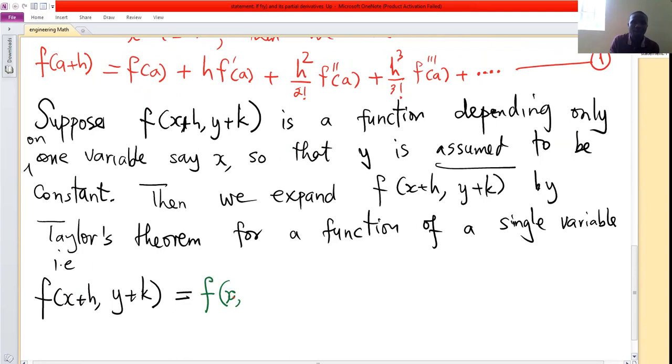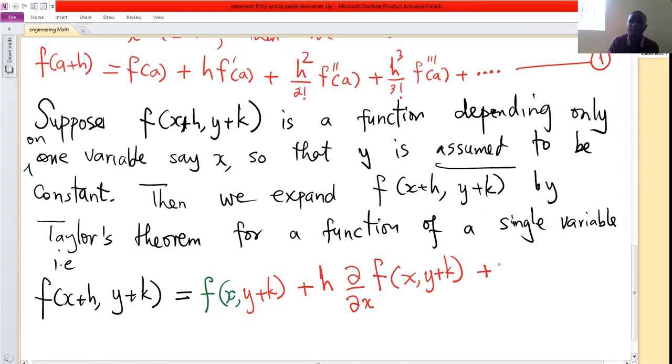So the first term will be f of x comma, and this one is not changing, so it will be y plus k, plus, next, h, and because this is the first derivative, there'll be the partial derivative of the function with respect to x, at x. This one, remember, is a constant, so that's not changing. So we have y plus k.